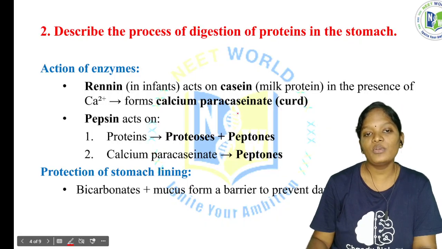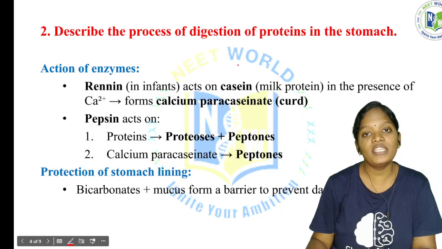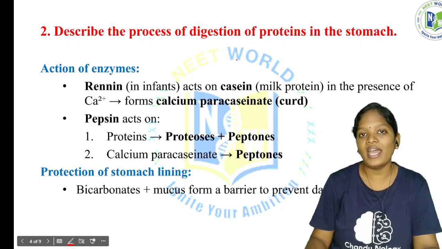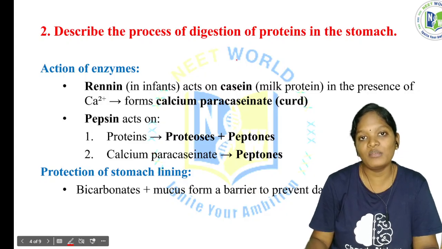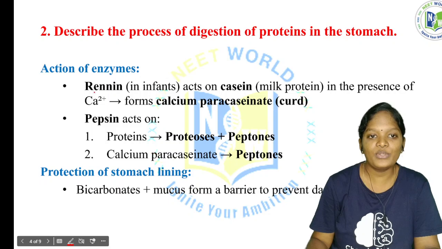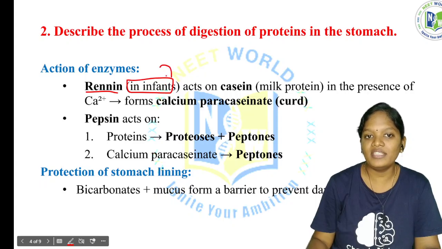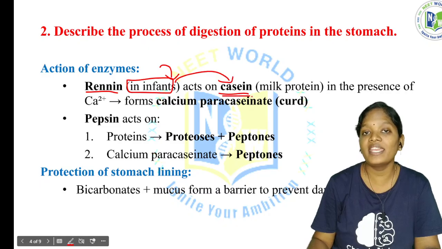Now the action. We have studied how the enzyme is getting secreted in the gastric juice, and how it is getting activated in the acidic environment by the hydrochloric acid, but what will be the mechanism of action of those particular enzymes? So the renin, in the case of infants, this renin is present in infants, and it acts on the casein.